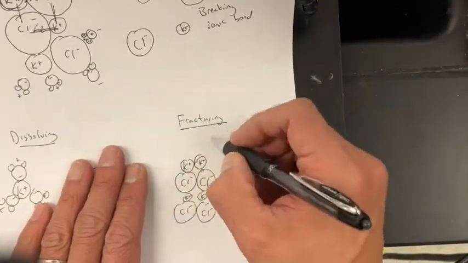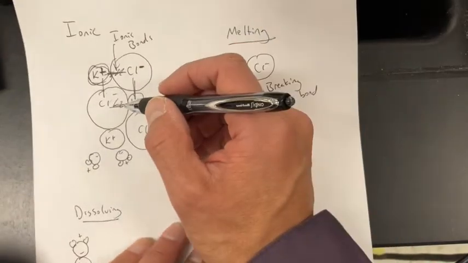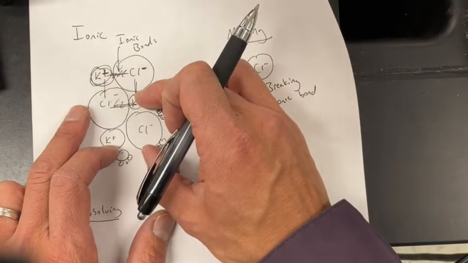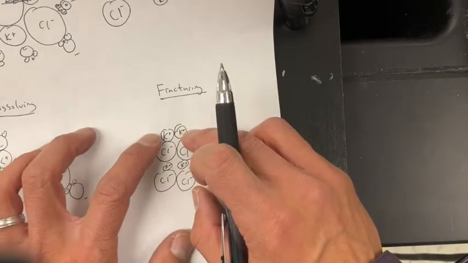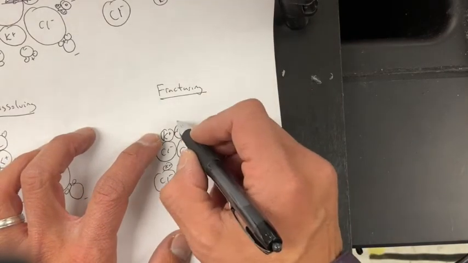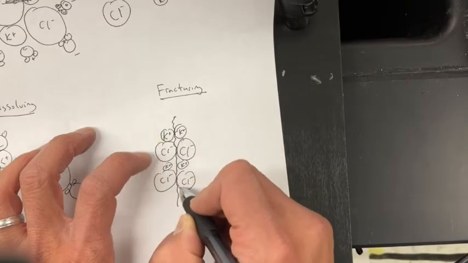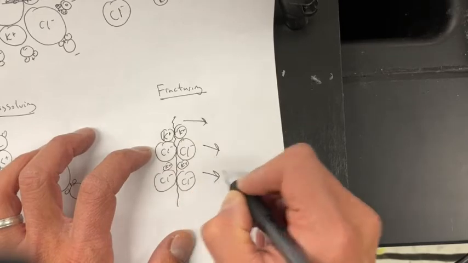Fracturing: if I take a hammer and slam this down here so that this shifts down by one spot, well, then this kind of forms. And what happens with ionic things is, because charges are lined up now, when I slam it down, this can break like this.